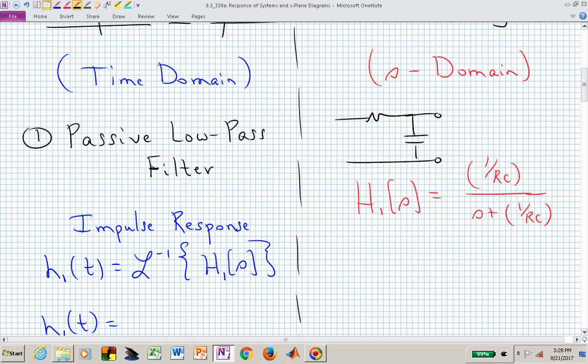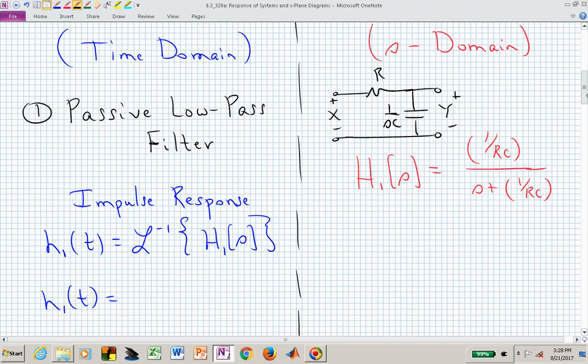You could then perform the voltage divider relationship to find how the input is related to the output in this circuit, and simplify that to find the pole-zero diagram, where we have 1 over RC over the denominator expression s plus 1 over RC. That is what we now have in the S domain.